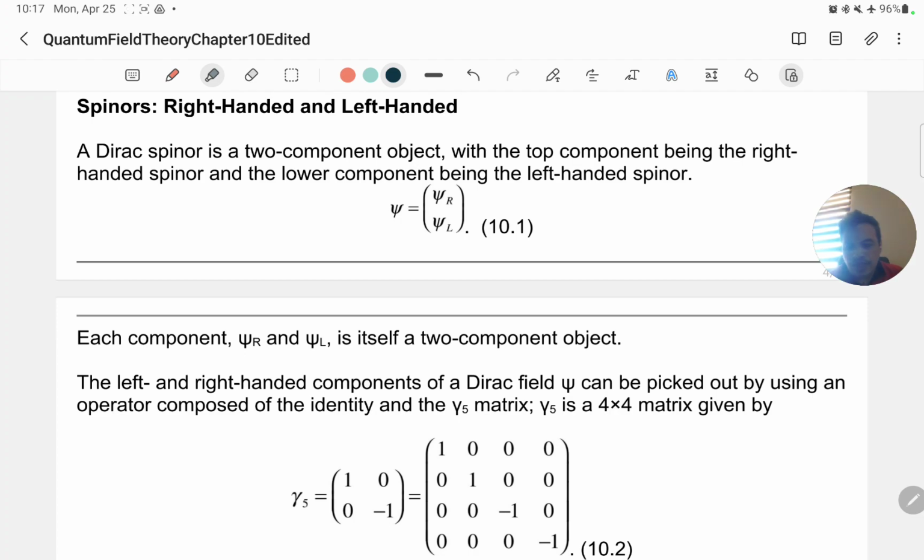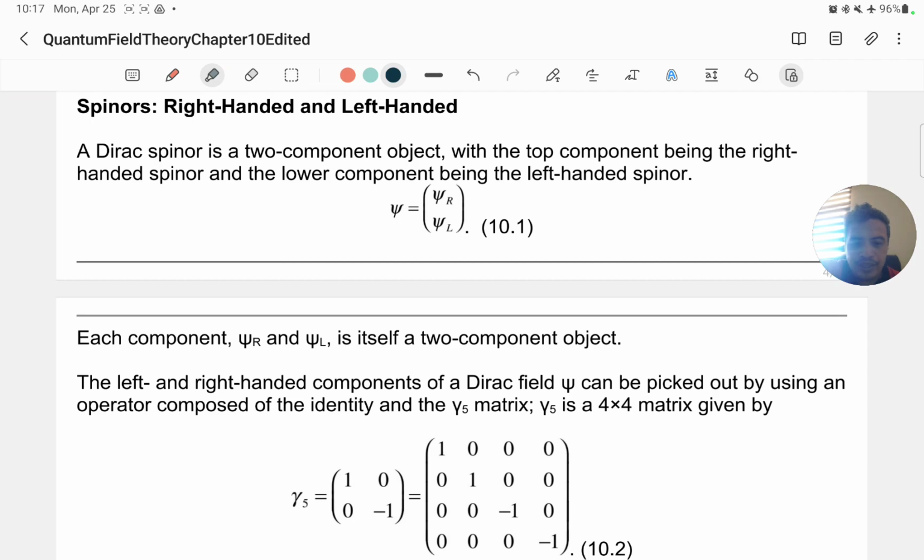The left and the right-handed components of the Dirac field can be picked out by using an operator composed of the identity and the gamma 5 matrix. Of course, this is a 4 by 4 matrix because you have a 4 component column matrix.